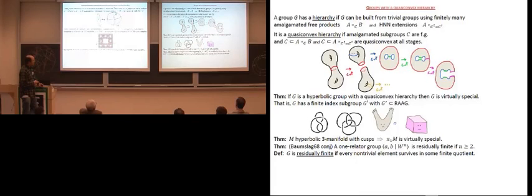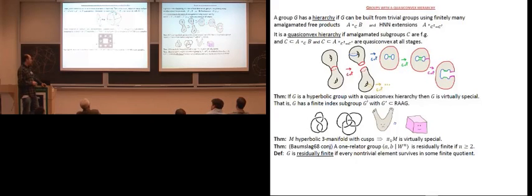Okay? And this sequence of cutting the surface up into pieces until you get something which is contractible is mirrored on the group theory level. You're cutting up the fundamental group of this surface along subgroups until you get trivial groups. That's basically what a hierarchy is. And if whenever you're cutting, you're always cutting along quasi-convex subgroups, that's what I call a quasi-convex hierarchy.